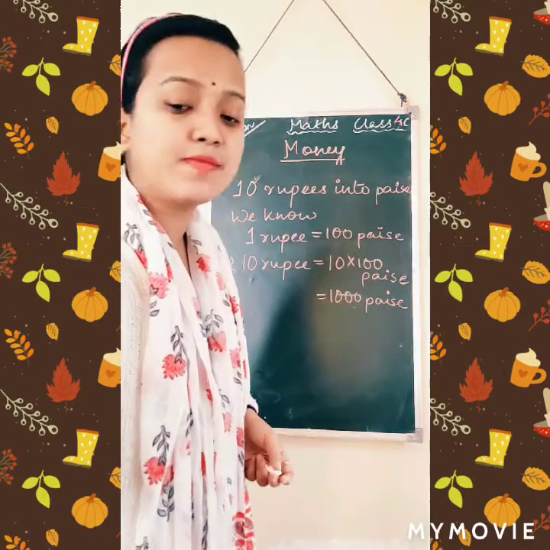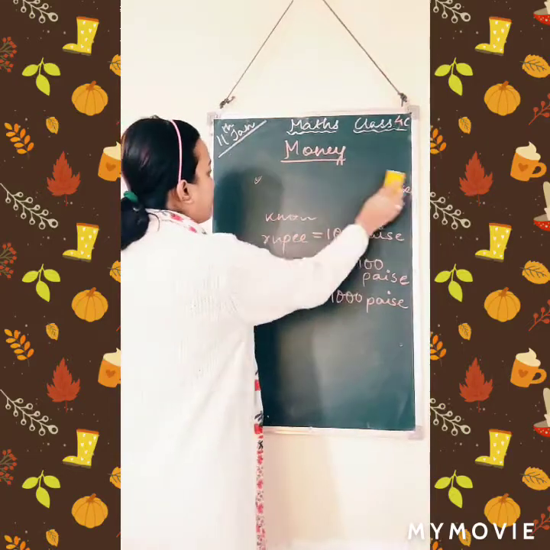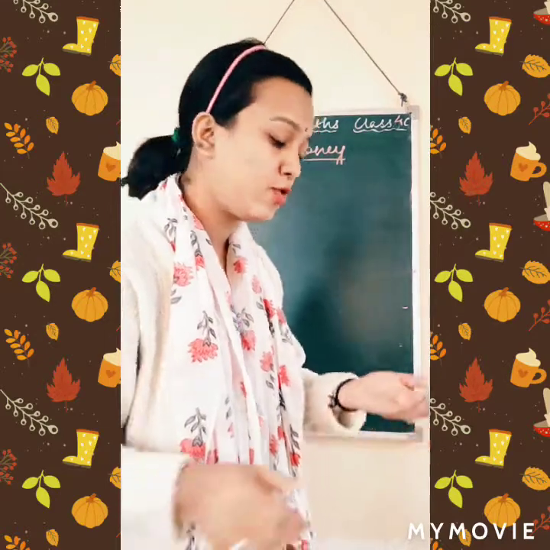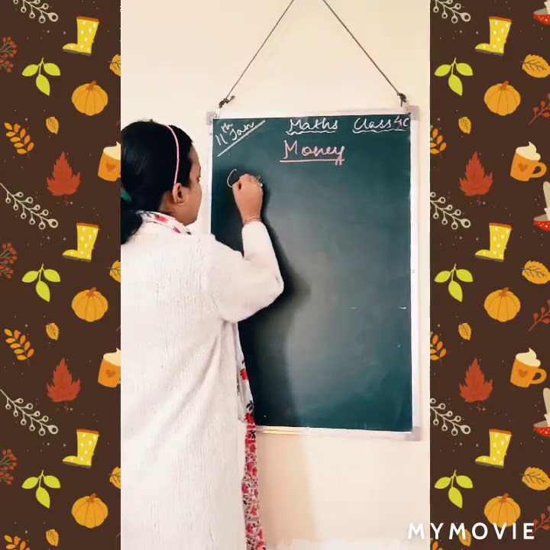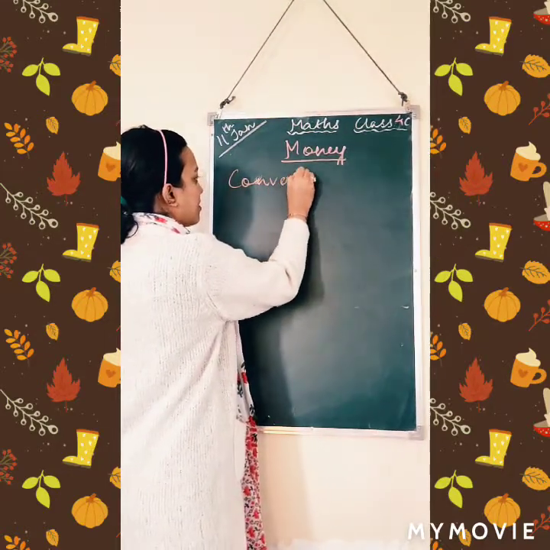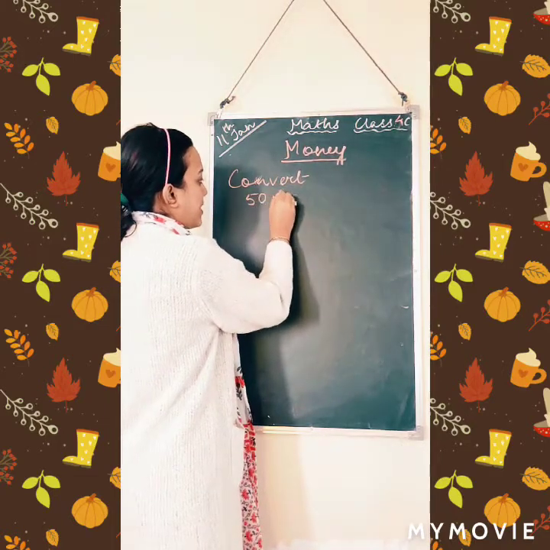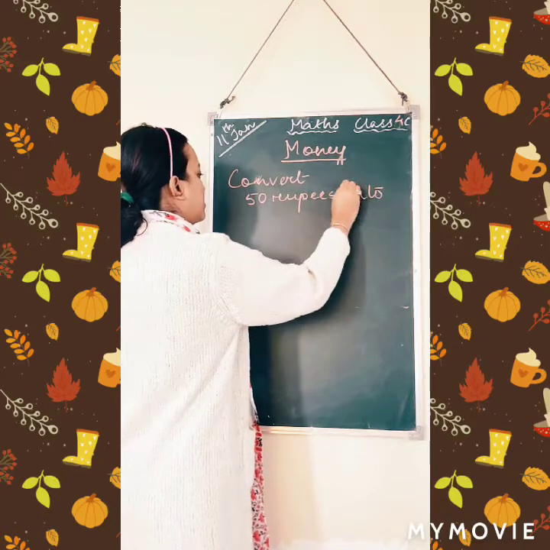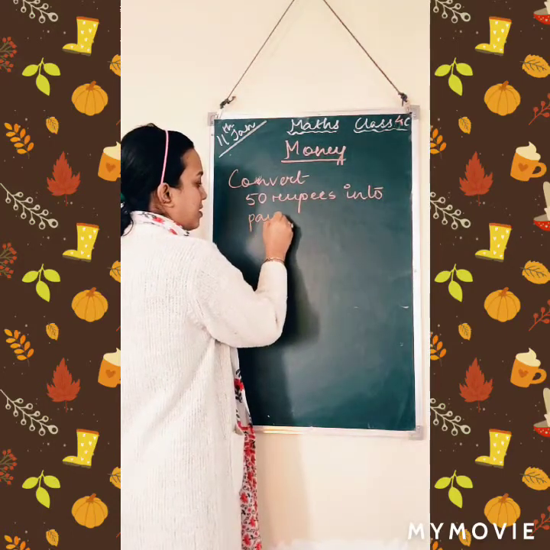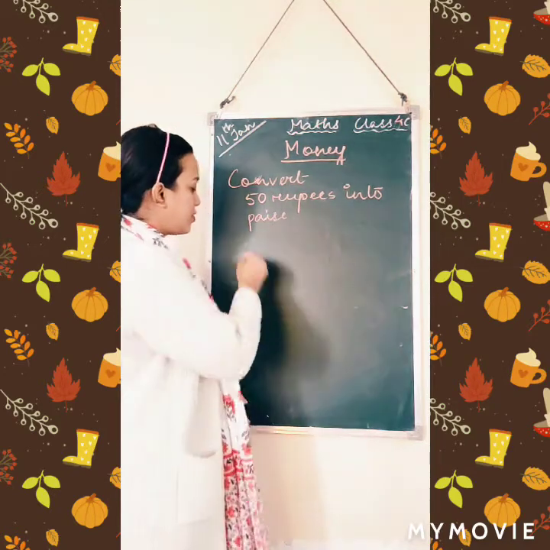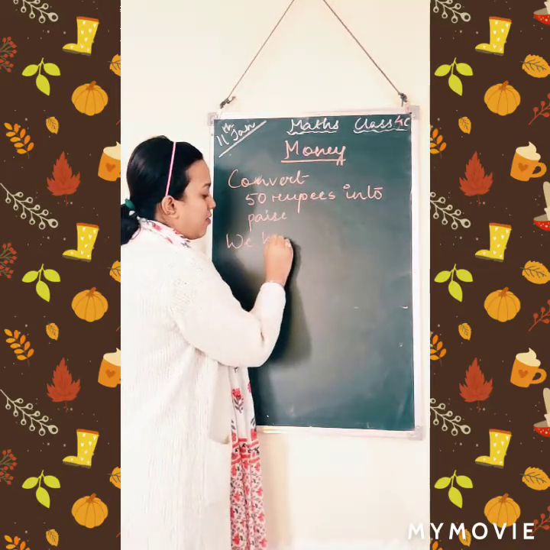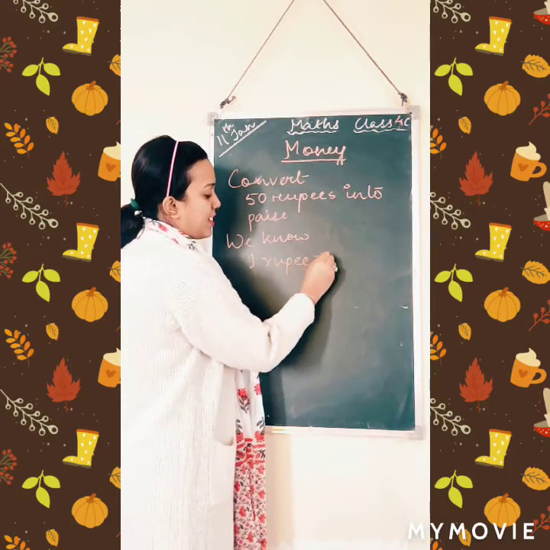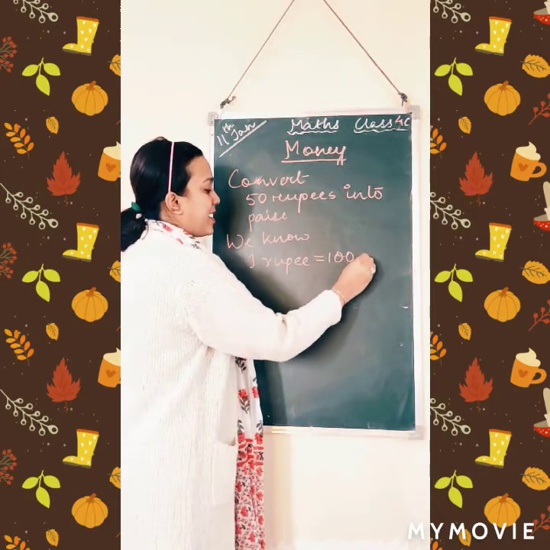Let's see another number. Okay. Suppose I tell you to convert 50 rupees into pies. Okay. Now, how do we do this? We know 1 rupee is equal to 100 pies.